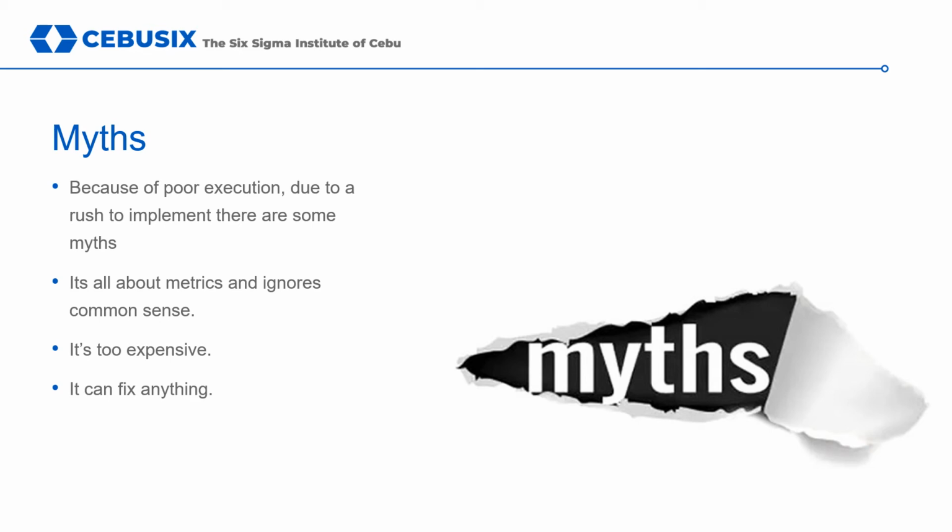There are others that believe that it is just too expensive to conduct, let alone implement, any form of Six Sigma project within their organizations. While there are still some that are overly zealous in their interpretation of what Six Sigma is capable of accomplishing.